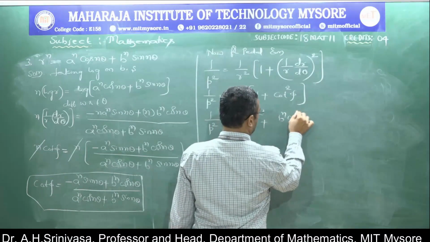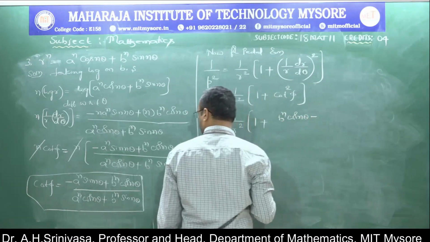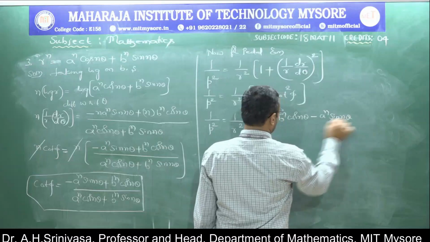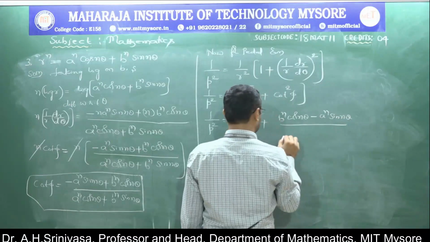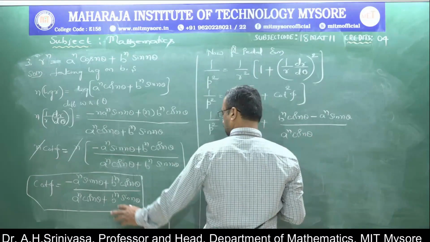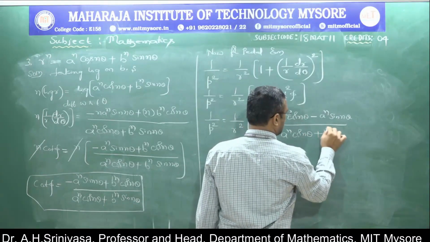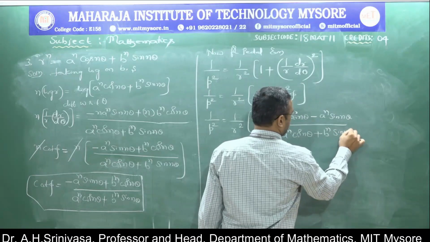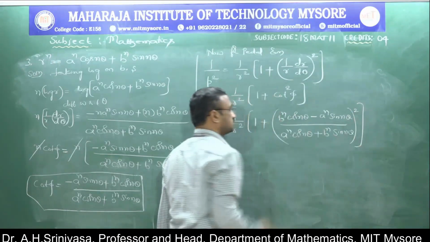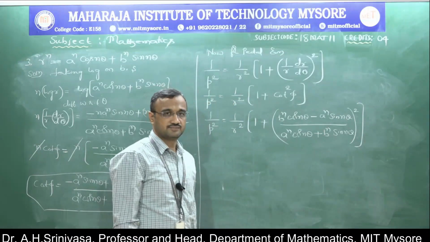So instead of this, you put this one: b power n cos n theta minus a power n sin n theta, then all divided by a power n cos n theta plus b power n sin n theta. We make a whole square of this.